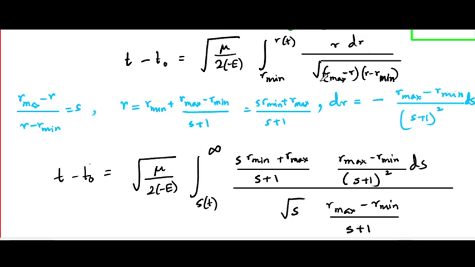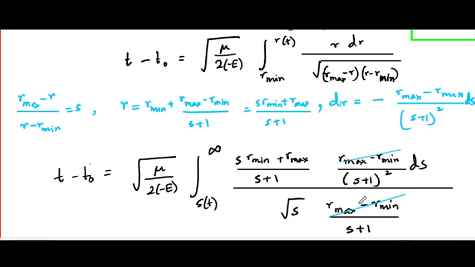This square root here is essentially square root of s times r minus r min, so square root of s, and r minus r min can be rewritten simply as r max minus r min by s plus 1. Now the good thing is lots of cancellations occur.